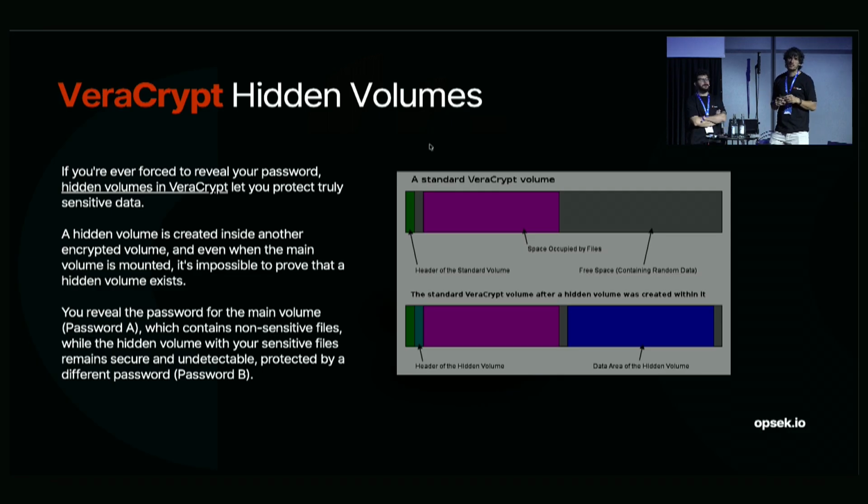If someone says, hey, open the disk, and you're being forced to do that, you can open it with password B, and they have no way of knowing if there's a second password there or not. Again, too much sophistication for 99% of cases. But if the state is after you, maybe.